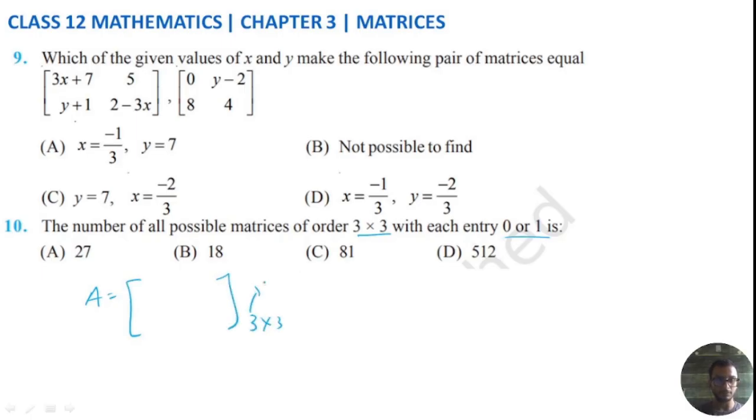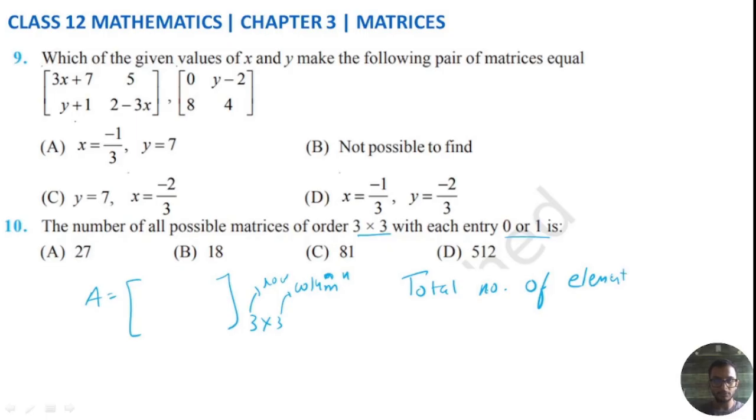That means the number of rows is 3 and the number of columns is also 3. That means how many total elements will be there? The total number of elements will be the number of rows into the number of columns.